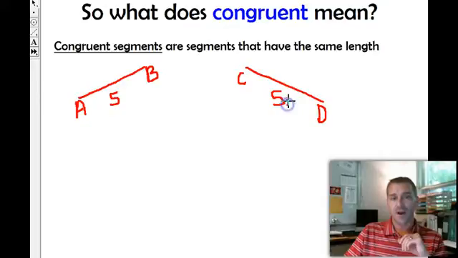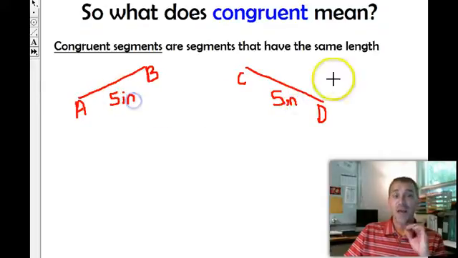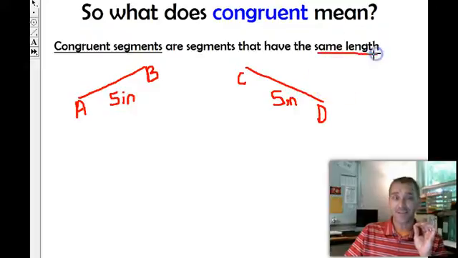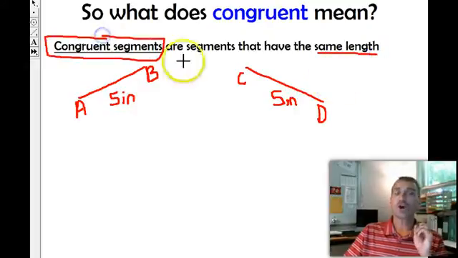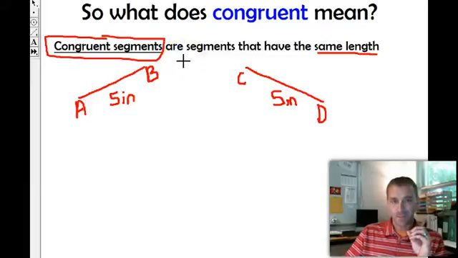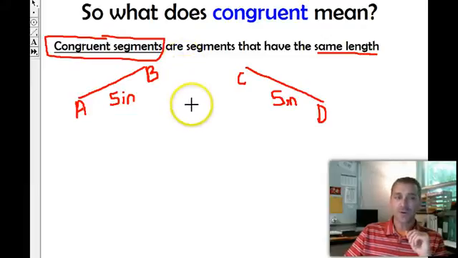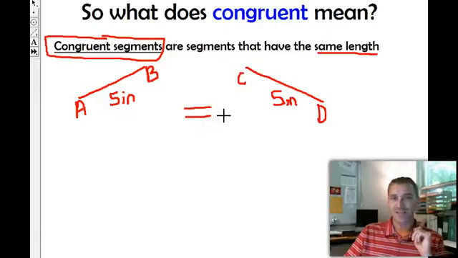Let's say that they're both 5 inches. Since these two segments have the same exact length, then by definition, they are what we call congruent segments. And the symbol for congruent looks like this. It's an equal sign, which equals means same size.